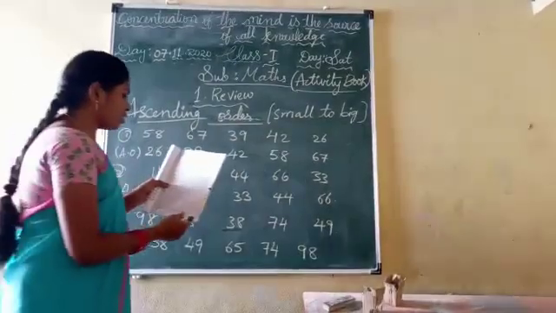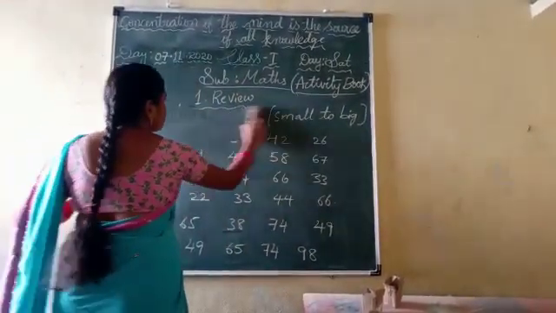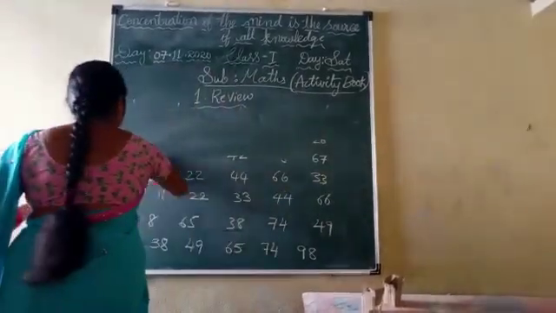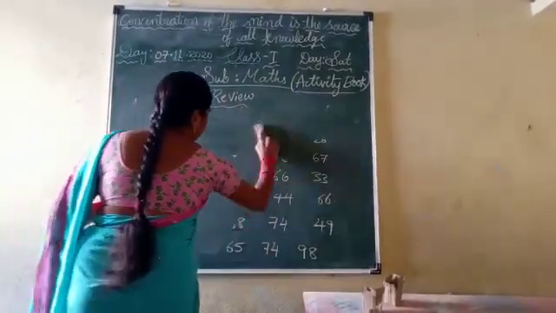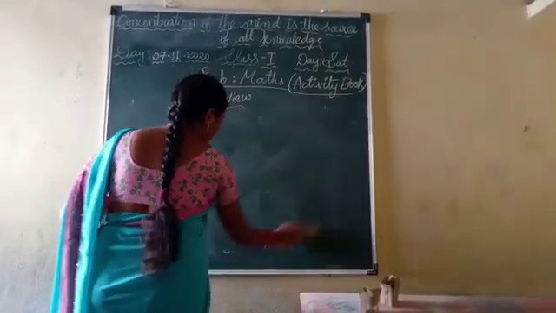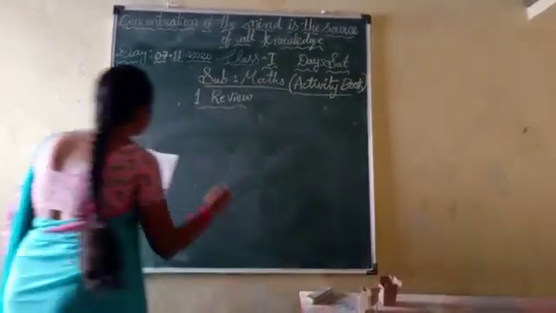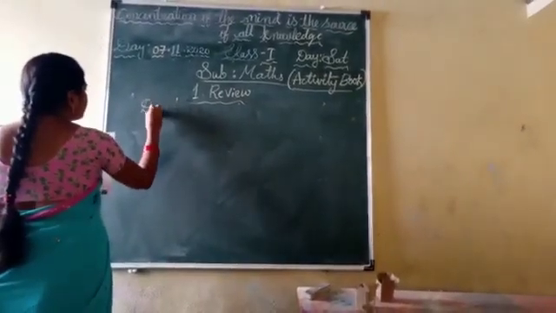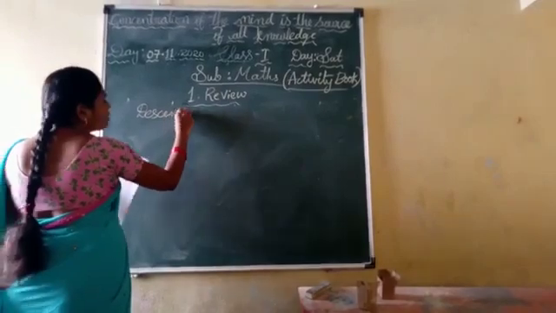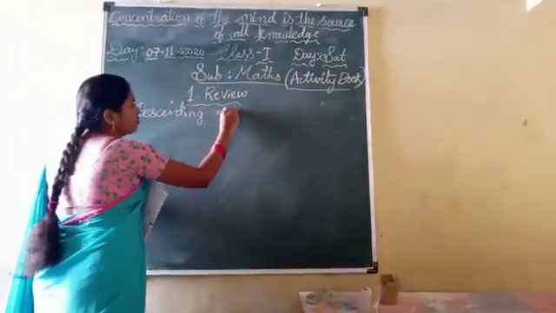Next, descending order. The next bit is descending order. Descending order means big number to small number.